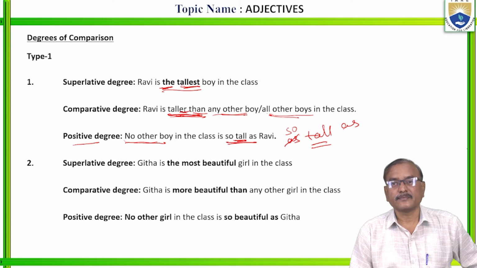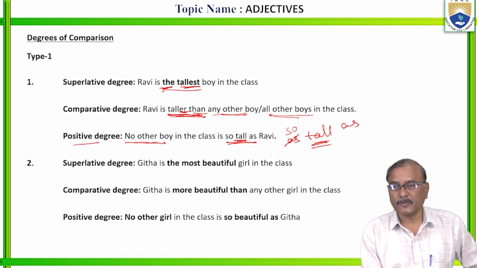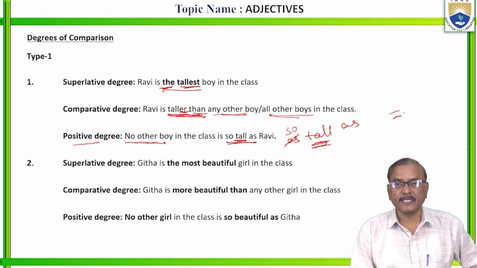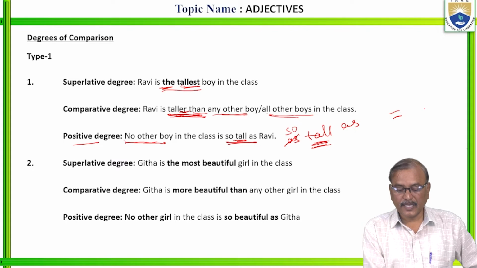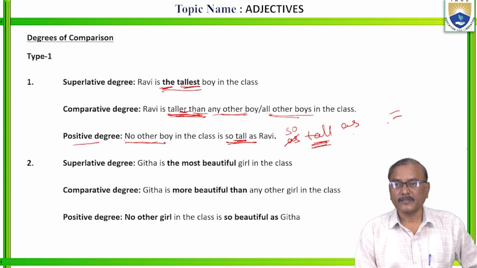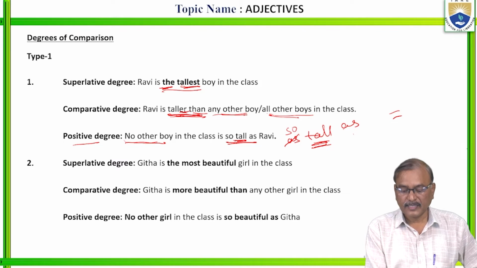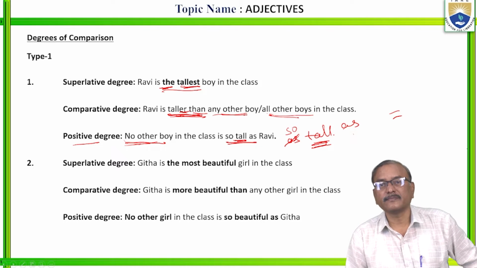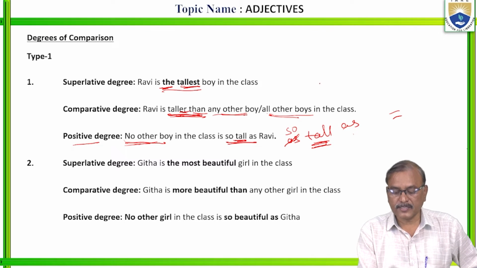You have to understand like this. First write the adjective in positive form, tall, and keep "as" on both sides. As tall as means equal. So then think: is there anybody equal to Ravi? No. So "no other boy in the class is," and since it is negative, remove the first "as" and write "so tall as Ravi." Now you have understood these structures.